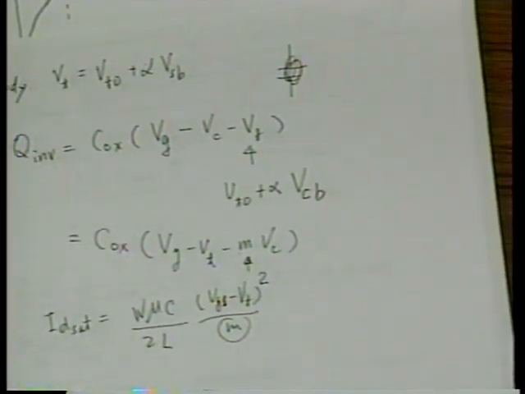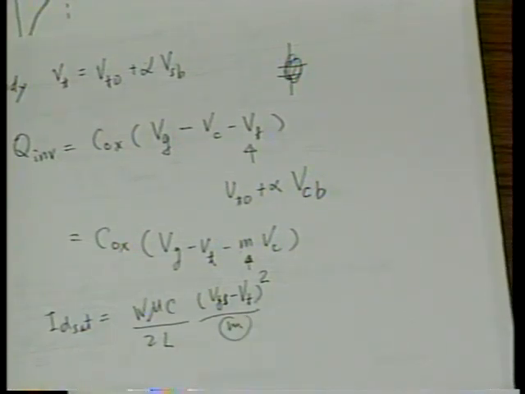Therefore, I think it's very good to remember there's a very strong link. And what this is describing is what classically is called the bulk charge effect. And yet I'm linking this to the body effect, a name that is often associated with the threshold voltage. But I'm suggesting you think that these two are one and the same effect. It all has to do with the fact that we have a back gate.